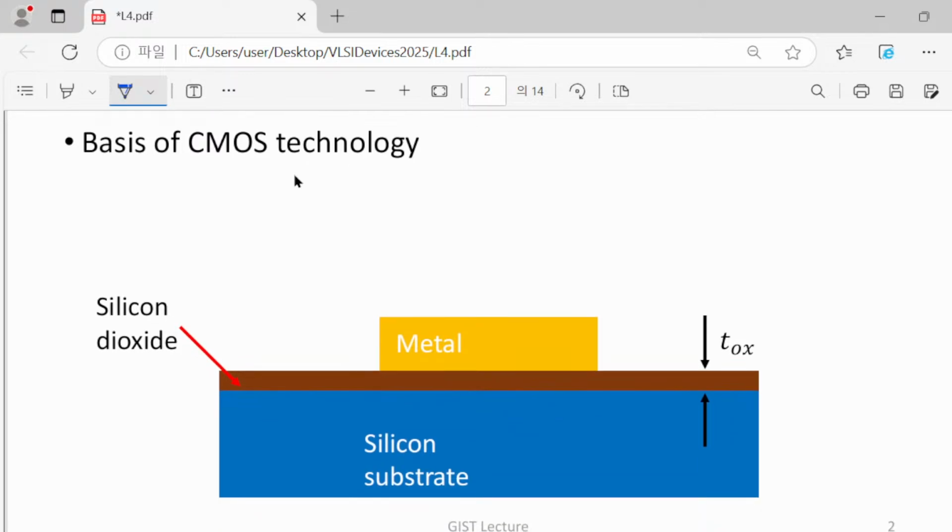Here we have a MOS capacitor as shown here. As we all know, the name MOS comes from metal, oxide, and semiconductor. So MOS is metal oxide semiconductor. That is the reason why we call it MOS.